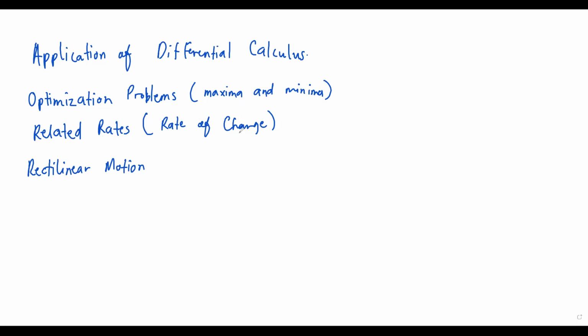Meron tayo ng S is equal to V1T plus 1/2 at squared, something like that. Mga ganyang formula, makikita nyo dito sa equation natin. So, yan yung tatlong topics under application of differential calculus na matatalakay natin. First, we proceed with rectilinear motion.